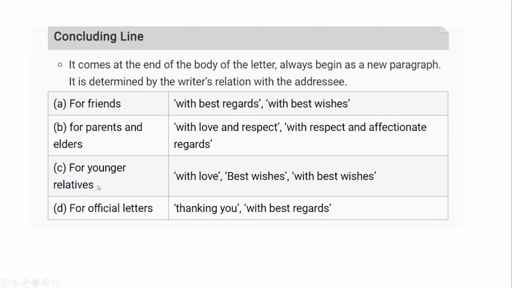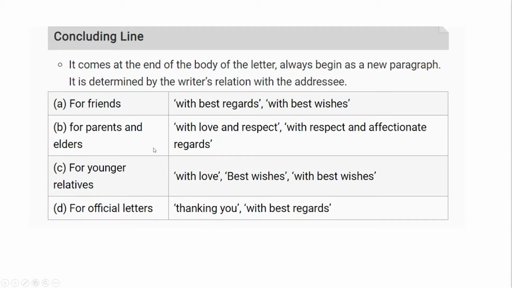If the person is your younger relative, you have to write with love, with best wishes, right? If the person is an official person, for official letters you have to write thanking you, with best regards. So these are the ways how to write a concluding line.